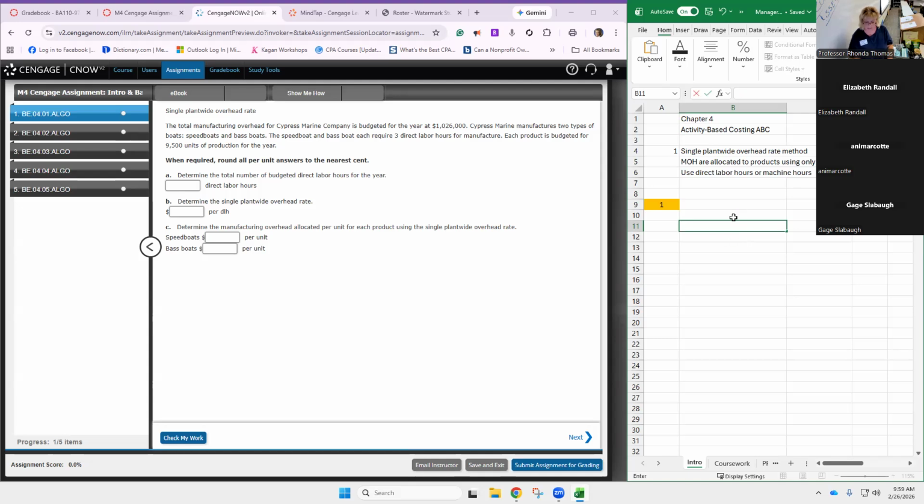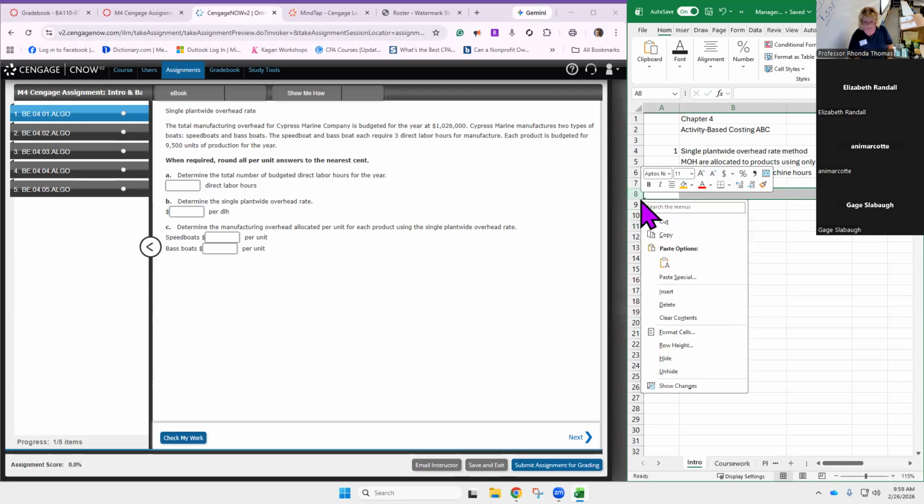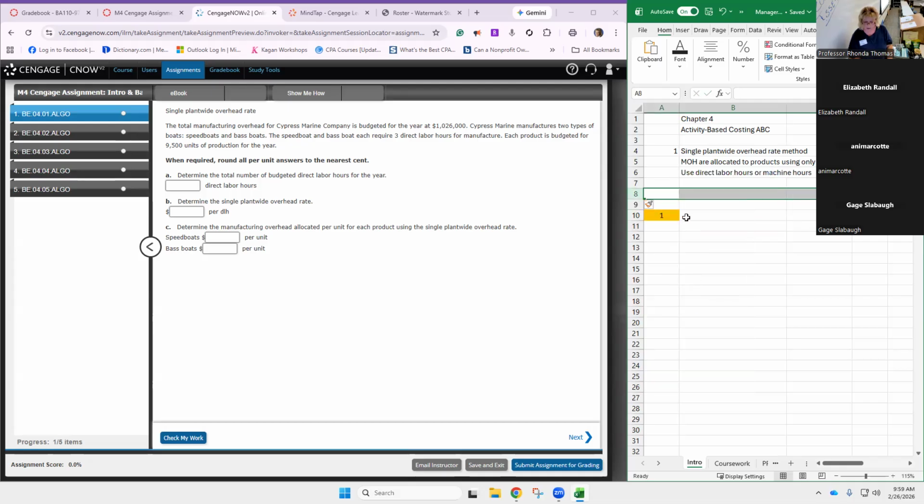Budgeted and estimated mean the same thing, so I'm going to put that up here so you can remember that. Budgeted equals estimated. Now we've got to come up with the single plant-wide overhead rate, and then we're going to apply it to the units that they're making. So this is a marine company.